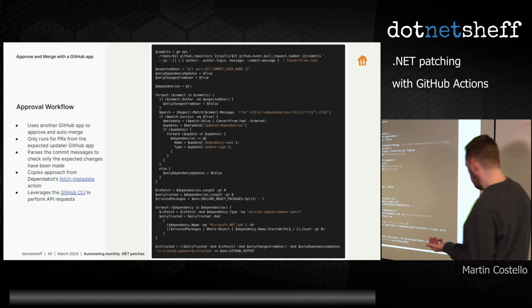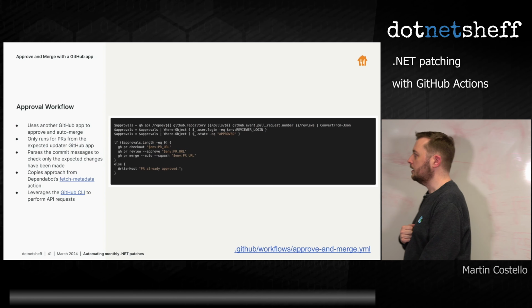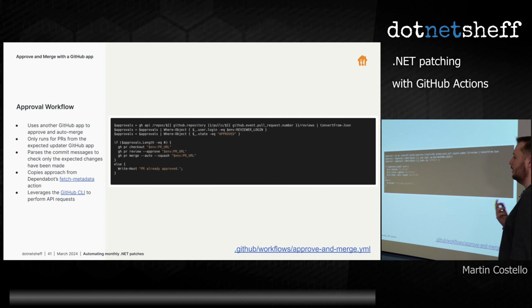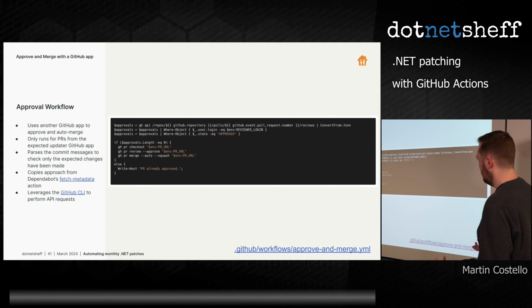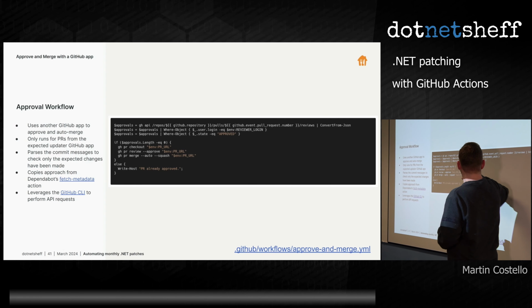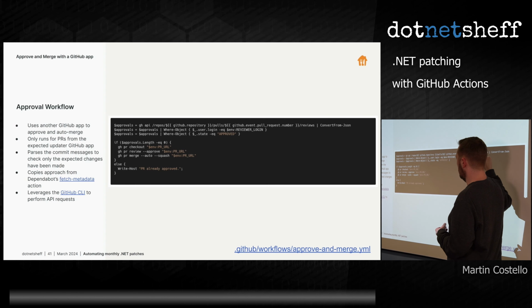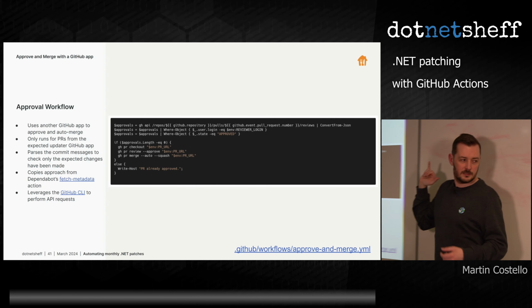And that's that slide. And then if it's happy that everything that was changed meets the requirements of what it thinks should be changing, then it uses the GitHub CLI again, and it approves the pull request. And then that's the next slide.